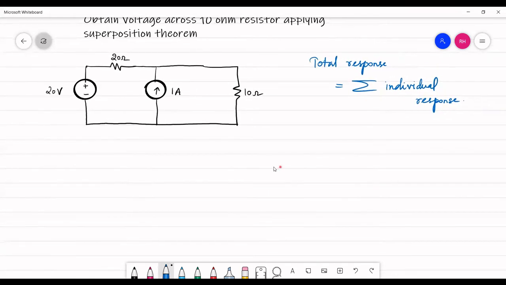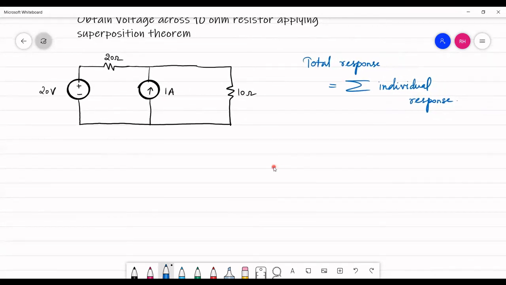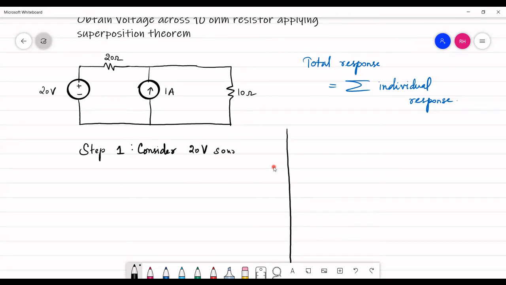So now here you have two sources. So here we are going to have two steps. Okay. So initially, let me say that I have two steps. So consider step 1, where we are going to consider only the voltage source. So consider 20 volt source to be active.